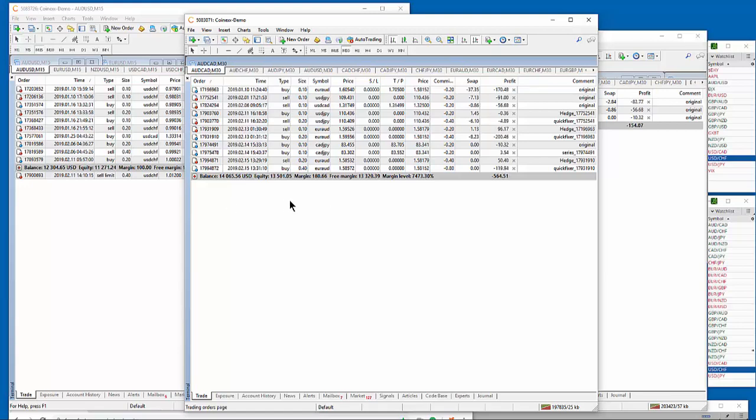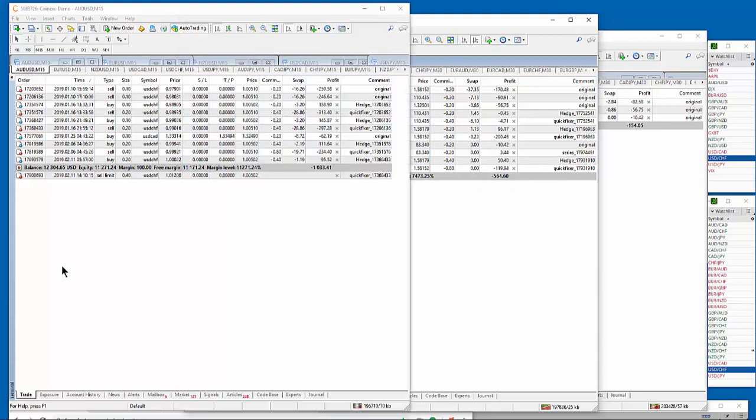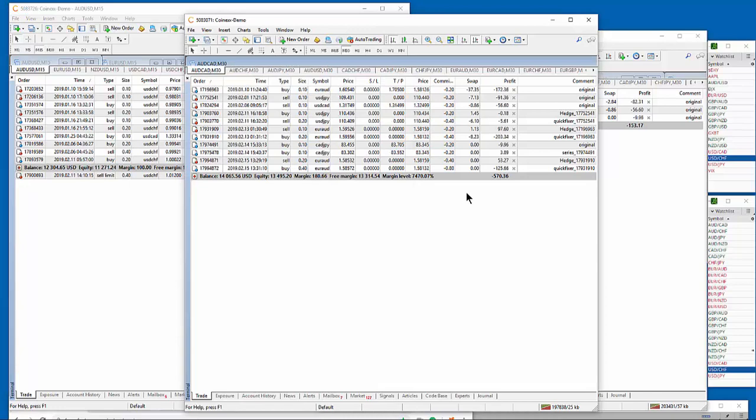But the equity balance on the 30-minute chart would still be higher than the 15-minute chart. And the reason for that, as you can see, the negative PL over here is only 564. Over here, it's 1,033. So the equity balance on this account would actually be about $400 higher than what the equity balance is on this account.